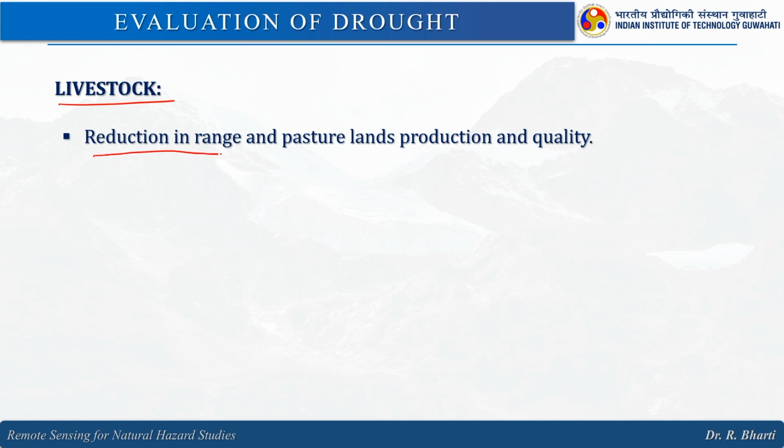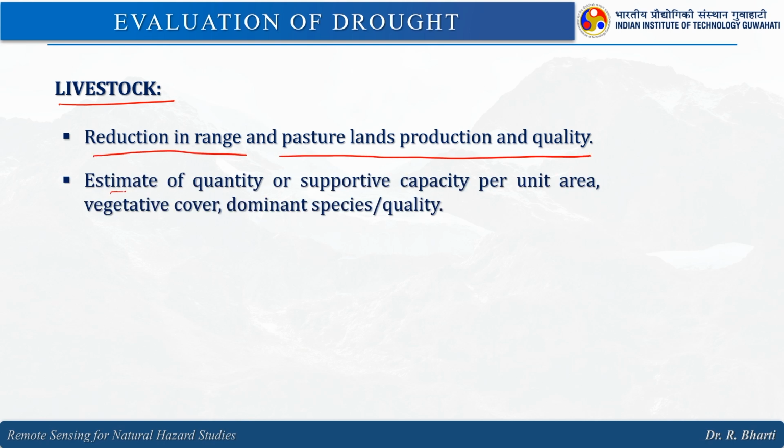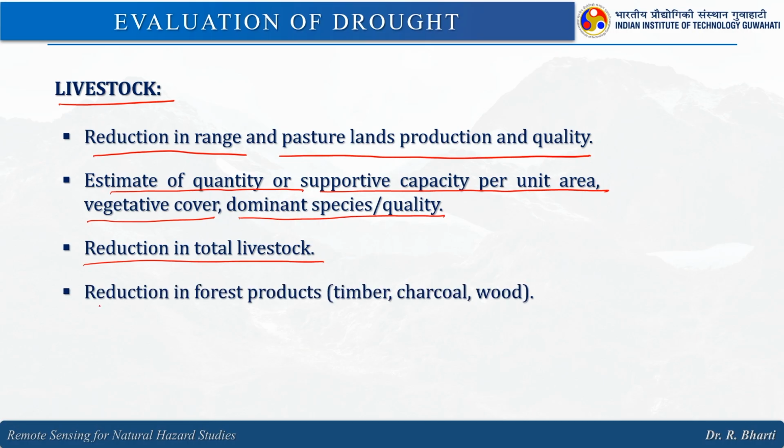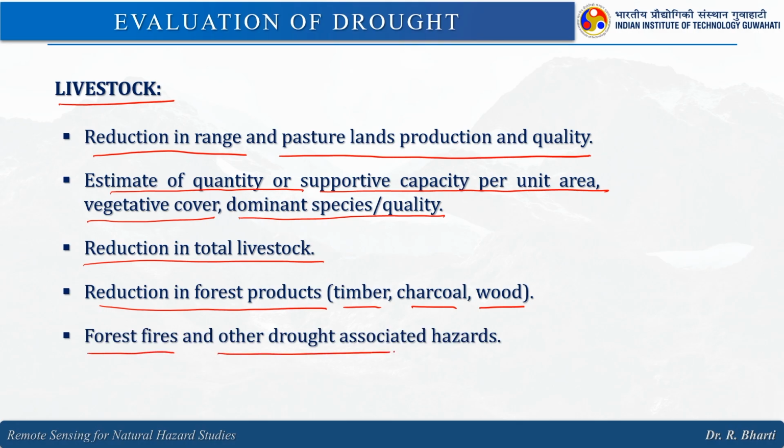So, reduction in range and pasture land production and quality, estimate of quantity or supportive capacity per unit area, vegetative cover, dominant species or the quality, reduction in total livestock, reduction in forest production like timber, charcoal, wood, forest fire and other drought associated hazards. So, these will help you to assess the drought condition in livestock.